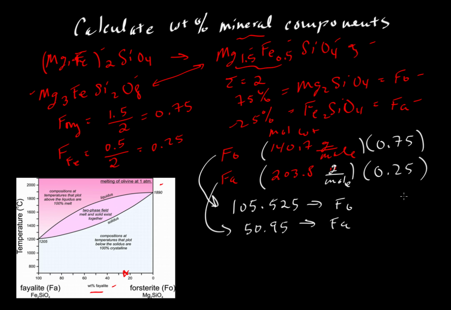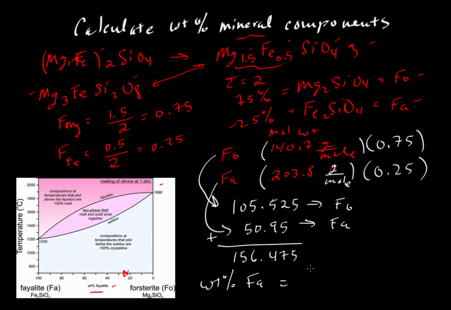If we want the weight percent, we could sum these two numbers. The total weight in the system, as we've calculated, is 156.475. So here we're just taking the weights of forsterite and fayalite and adding them together. So what would be the weight percent of fayalite?